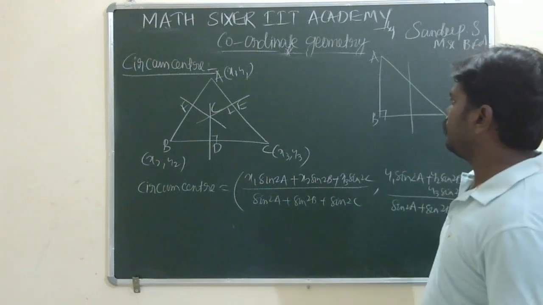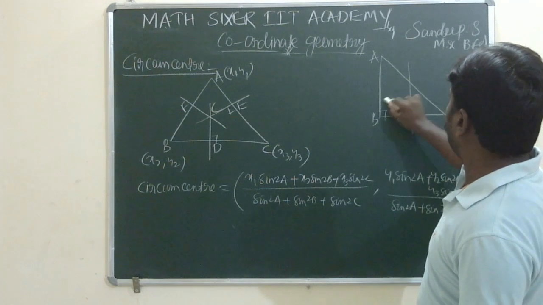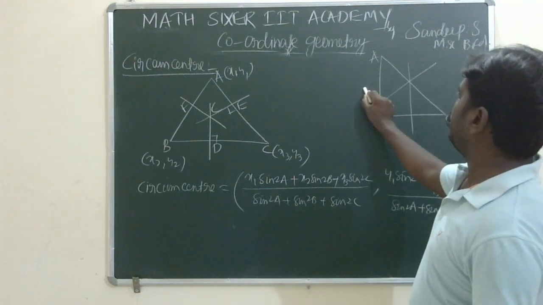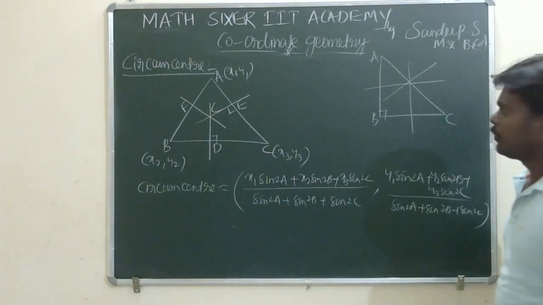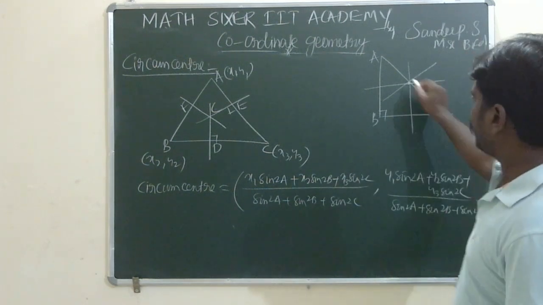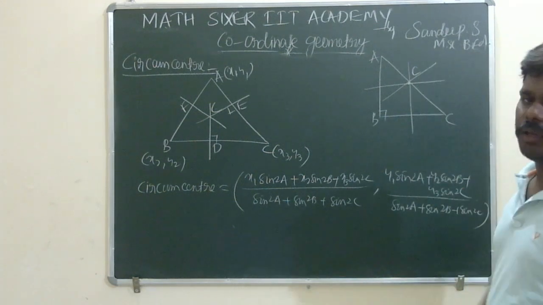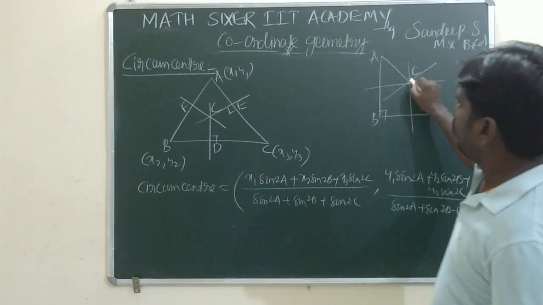So this is the perpendicular bisector for BC, and here for AC and for AB. These perpendicular bisectors are intersecting at one point, and that we can identify as C. So this is the midpoint.